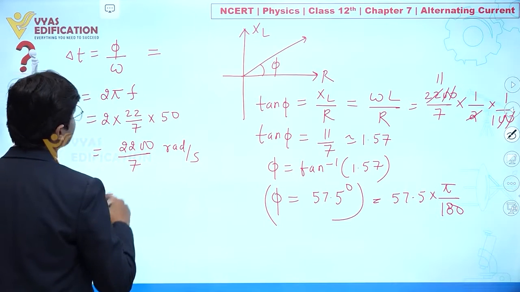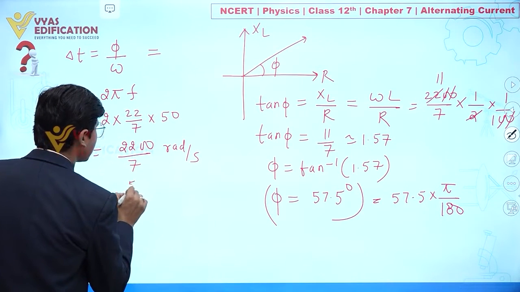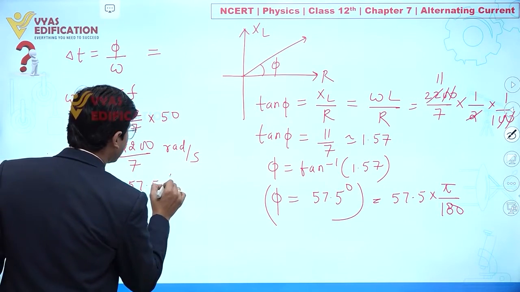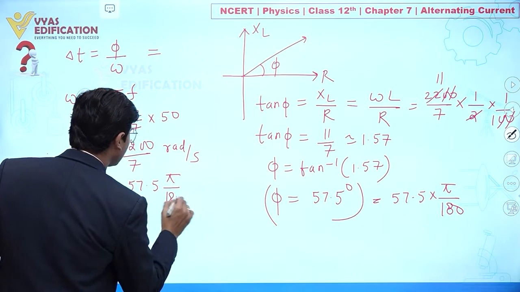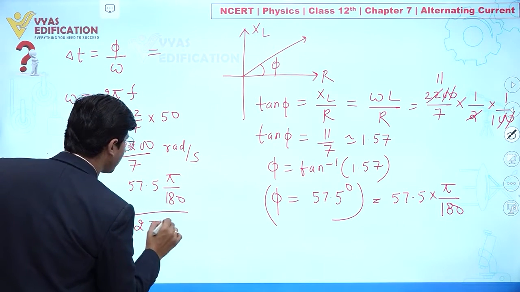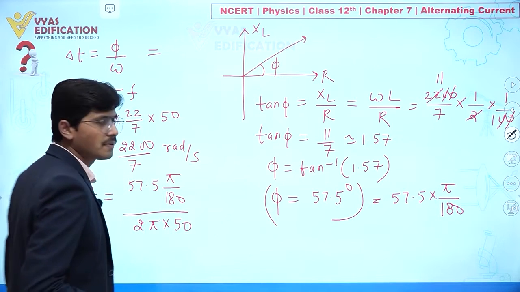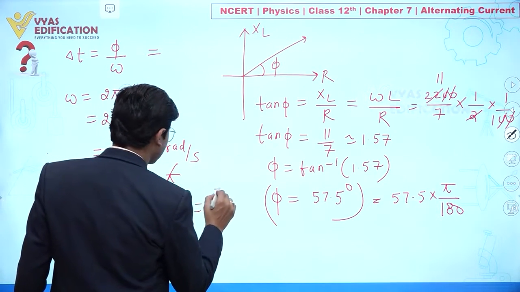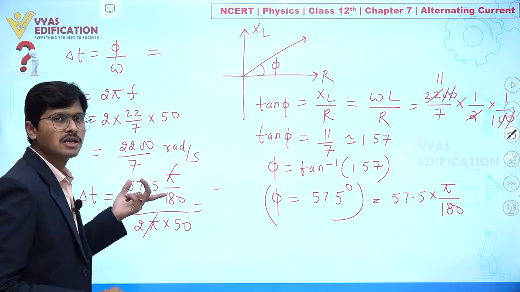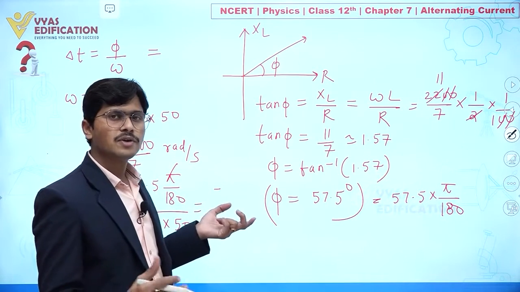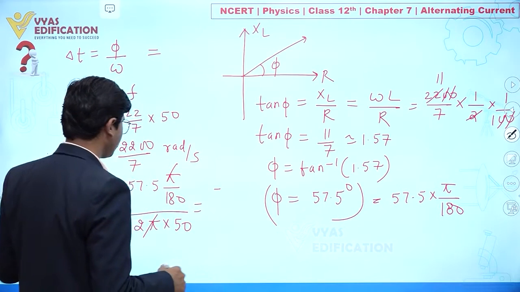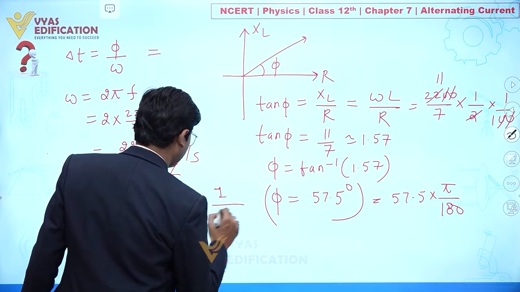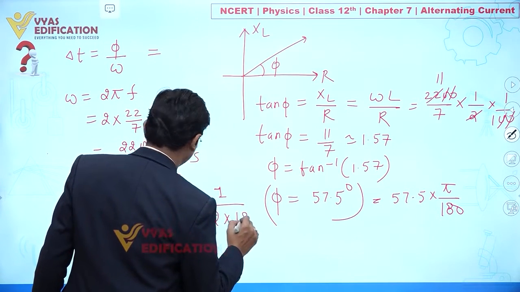The value of phi we have is 57.5 times pi by 180, divided by 2 pi times 50. Pi and pi cancel out. From here it is near about 1. Actually we know this is 1 point something, but let's suppose we are taking 1. So 1 divided by 2 into 180.